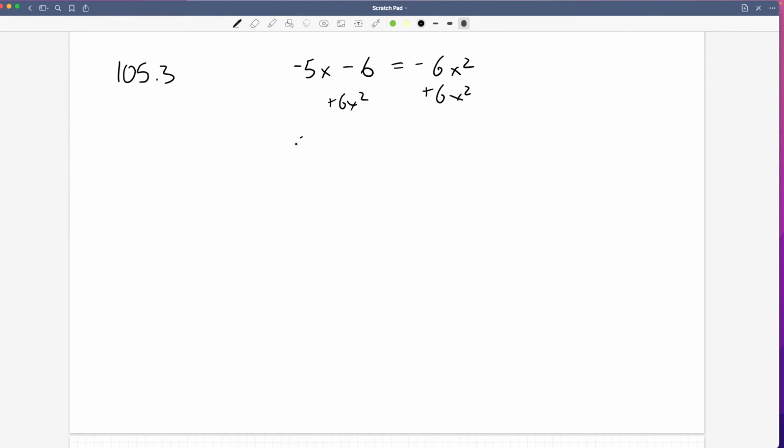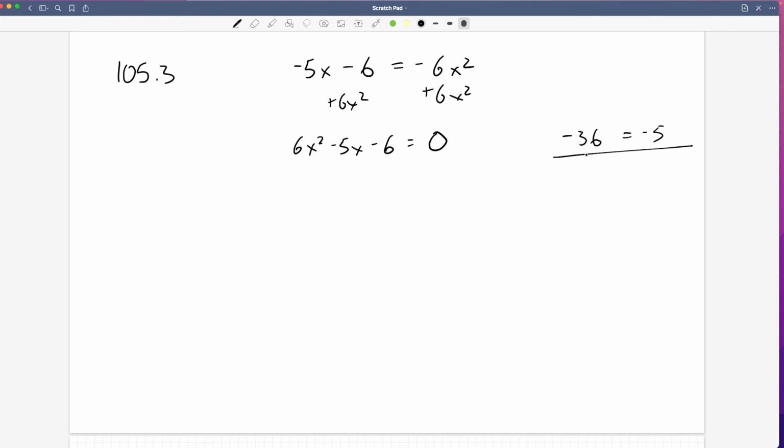So we get 6x squared minus 5x minus 6 equals 0. Right? And so now we are going to take the product of the lead coefficient and the constant term. So it's 6 and negative 6. That's going to be a negative 36. And it has to equal the negative 5. Right?